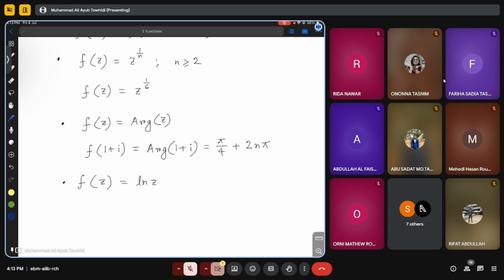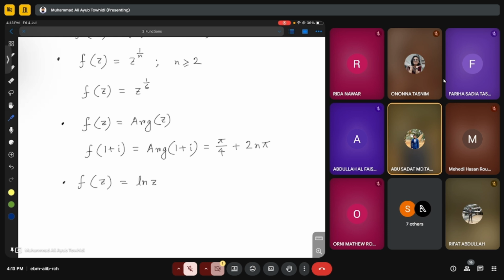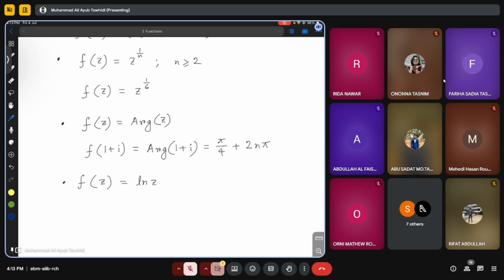What about principal argument? Is principal argument a multivalued function or a single-valued function? Single value. Yes, very good.